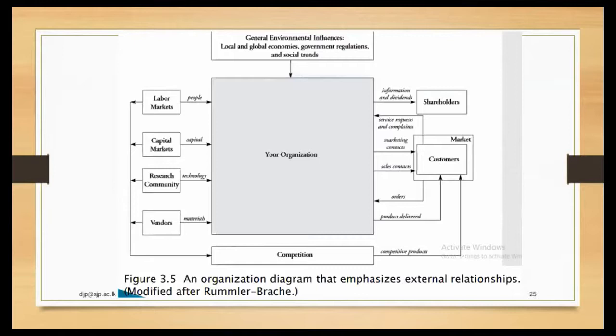On the very bottom, you find the competition. Where does this competition come from? That comes from our competitors. In the middle, you find your organization. And on your left-hand side, what do you find? All these are inputs. For example, for production you need human labor, the employees. Who is providing the labor?